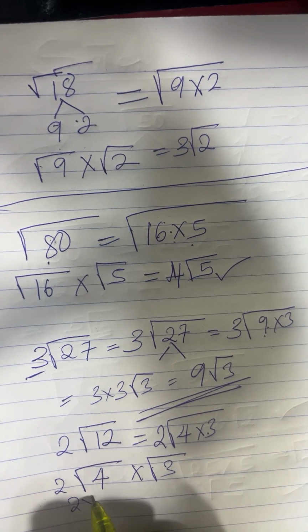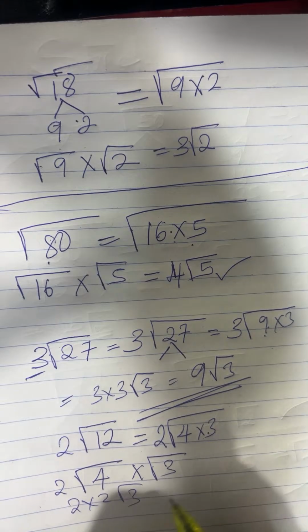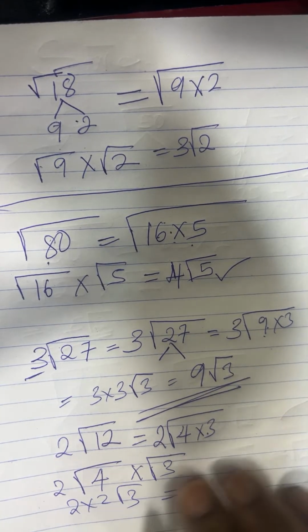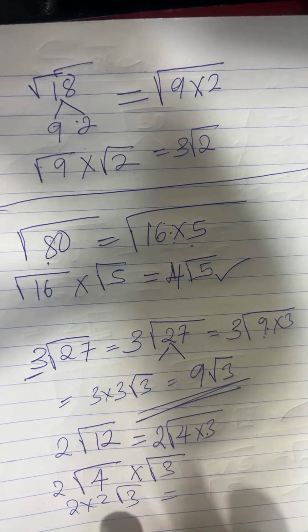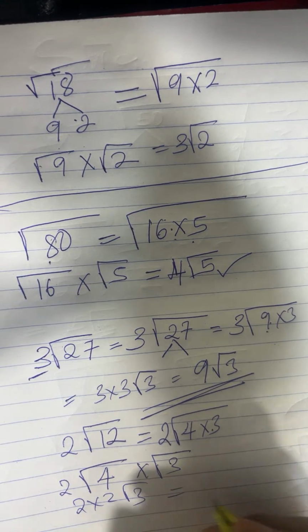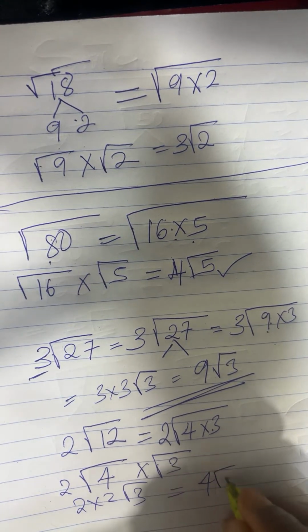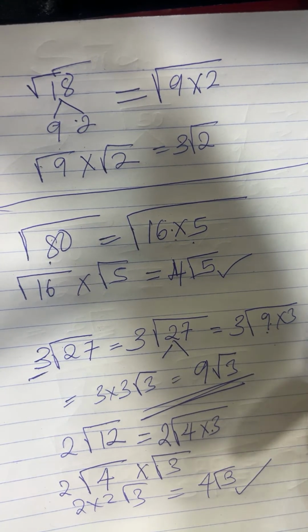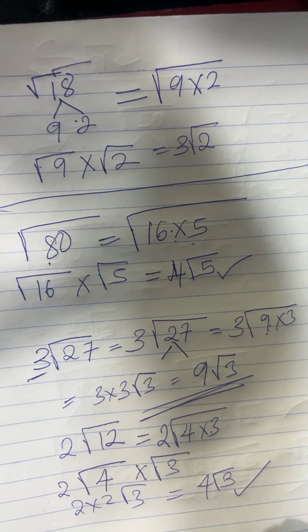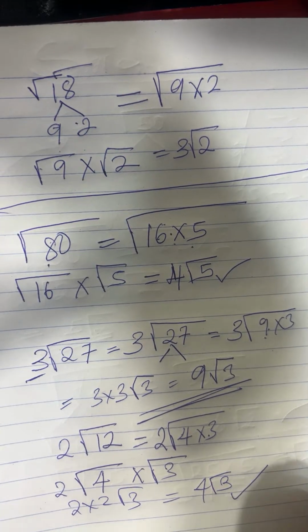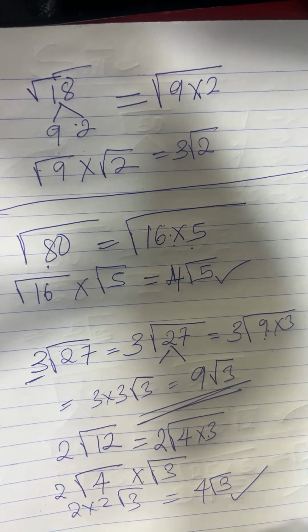So you have 2 times 2 root 3. What is 2 times 2? 2 times 2 is 4. The answer is 4 root 3. That's the answer. So this is the simple way to simplify surds. This is a very easy way to simplify surds.